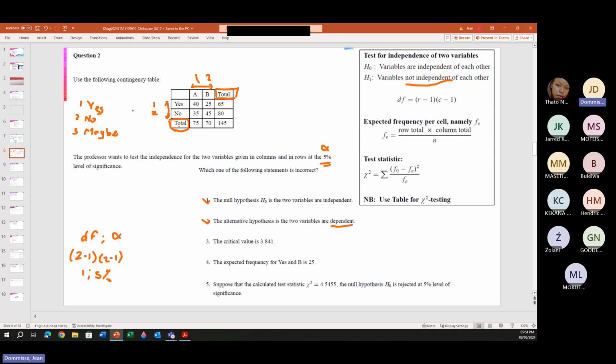But total, and again, that's sometimes how they catch you out, they put in total, and sometimes we include that as part of the number of rows or the number of columns. So please never include the totals when we look at the number of columns or the number of rows.